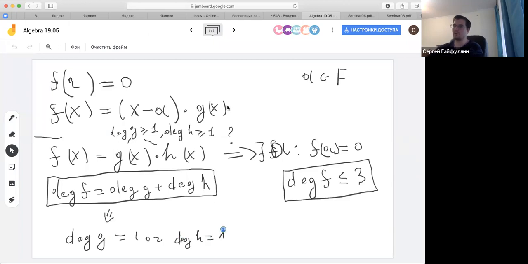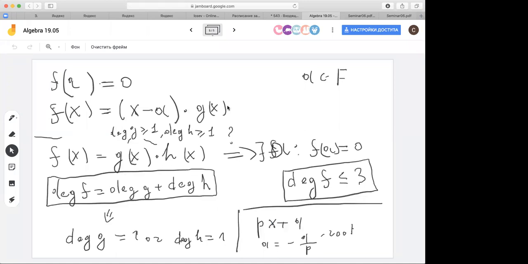And if we have a polynomial of degree 1, then it is px plus q, and then of course a equals minus q divided by p is the root. This is the root of g or h, and so this is the root of f.